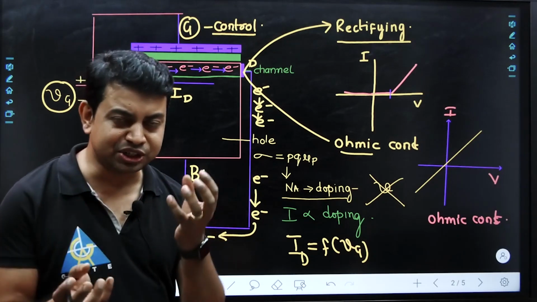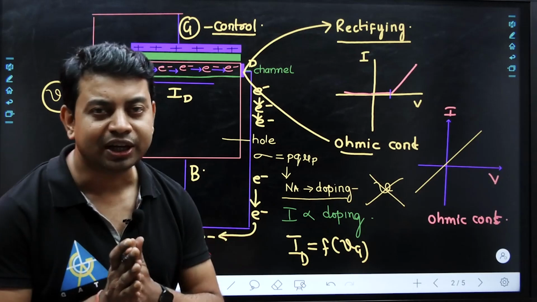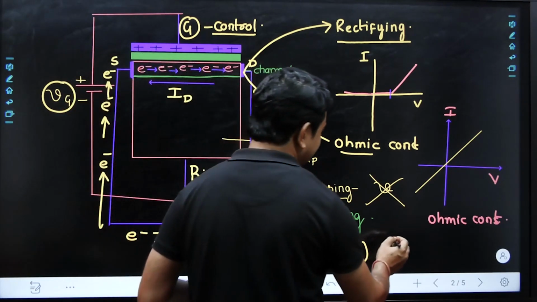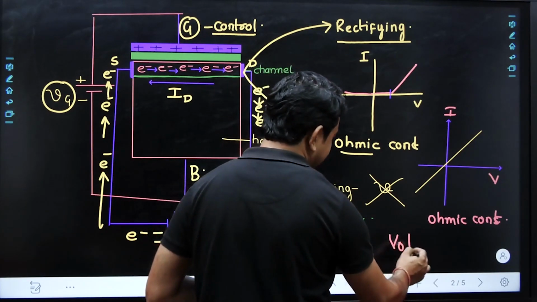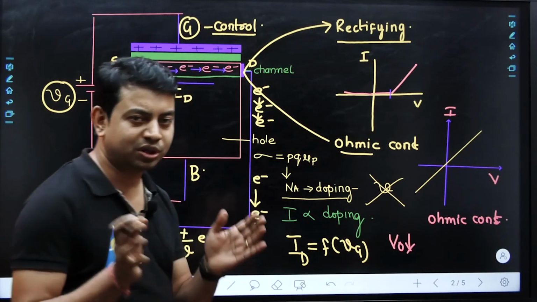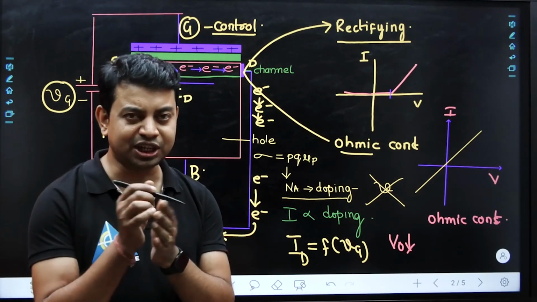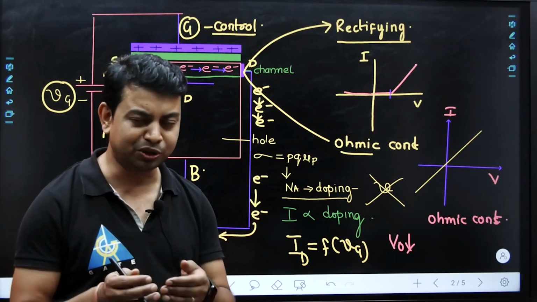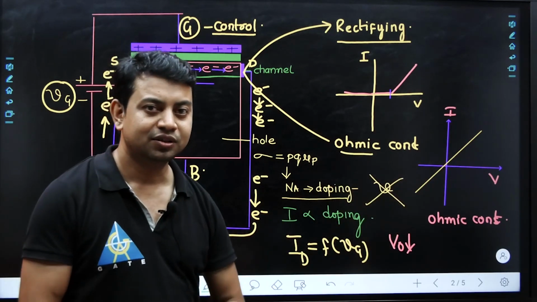So if you increase the doping of P side and N side, the depletion region will get small, and the potential drop, which is the potential at the depletion region, will also be less. If you are having a small depletion region, the charge carriers may go in any direction without crossing the depletion region, and that process is known as tunneling.